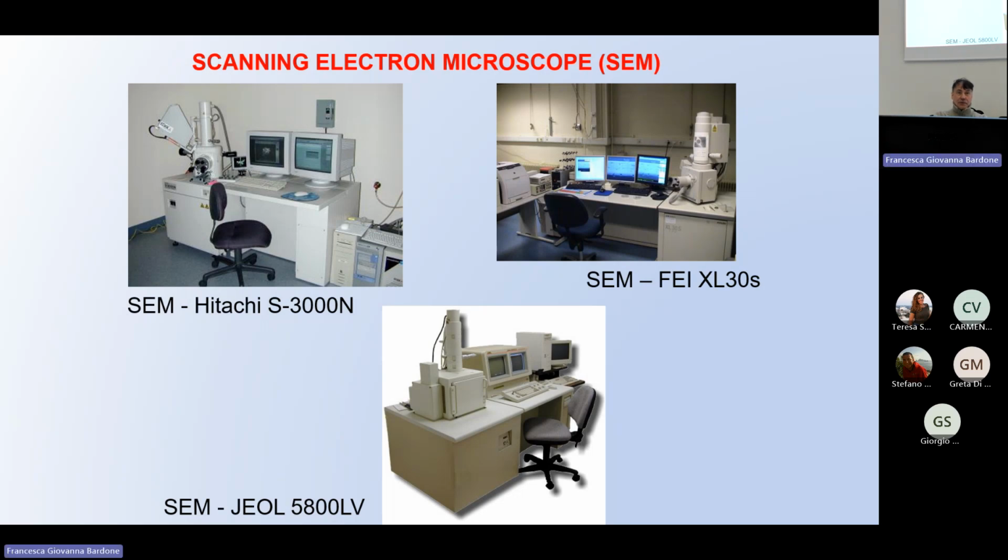And at the same time, if your material is not conductive, it's insulating, what can you do? As I said before, you can cover it with a conductive layer. But in these two processes, you have to change your material. If you want to observe your biological material in the natural state with water, without any treatment, you must use an environmental SEM.